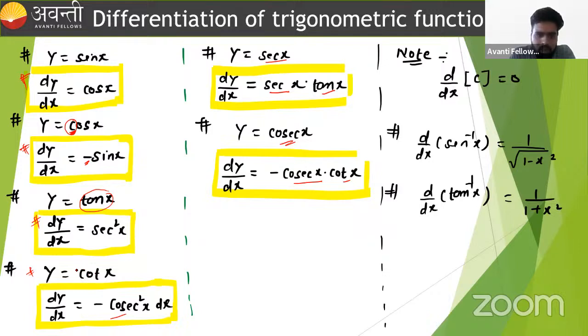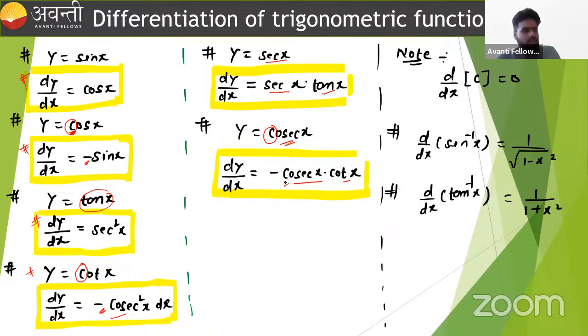Cot x also starts with C, so its output is also negative. Cosec x also starts with C, so its output is also negative. By this way, we can remember this formula, and you can also derive it by using mathematical functions.